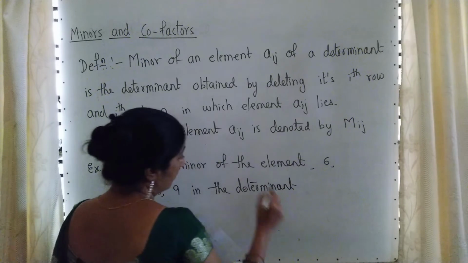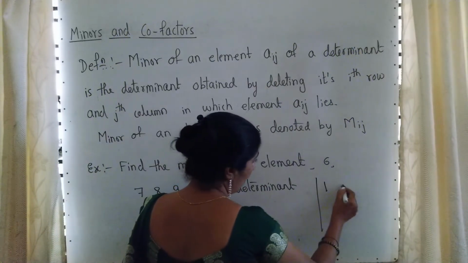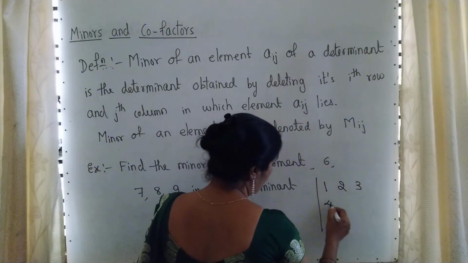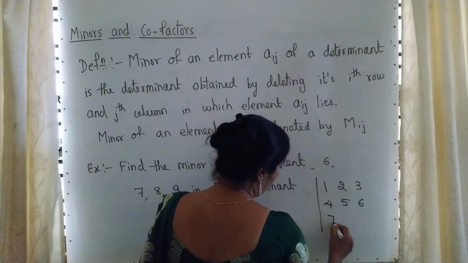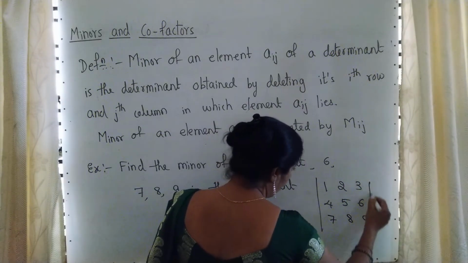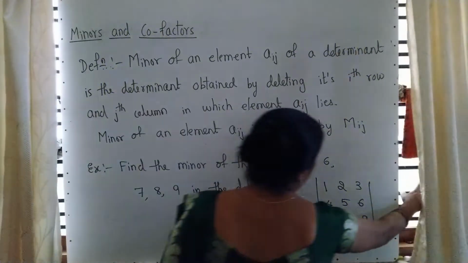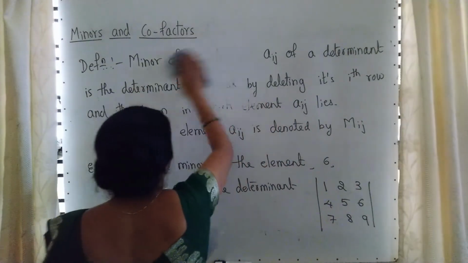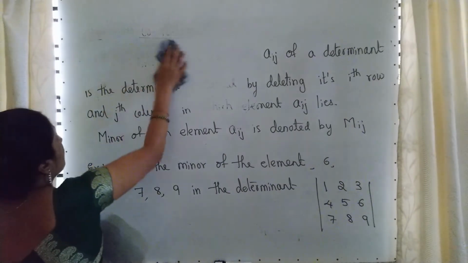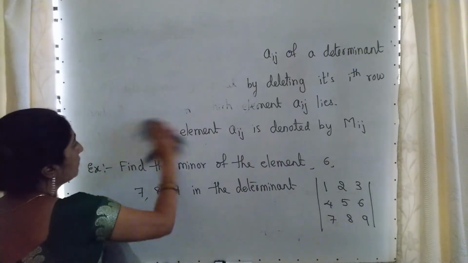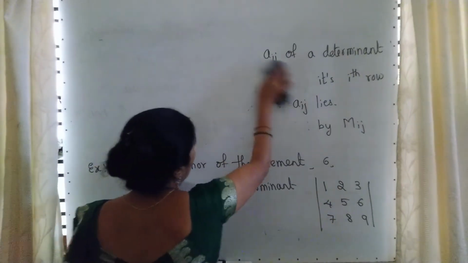See, one determinant is given to you: 1, 2, 3, 4, 5, 6, 7, 8, 9. So in this determinant we have to write the minors of those elements. I am explaining one by one.